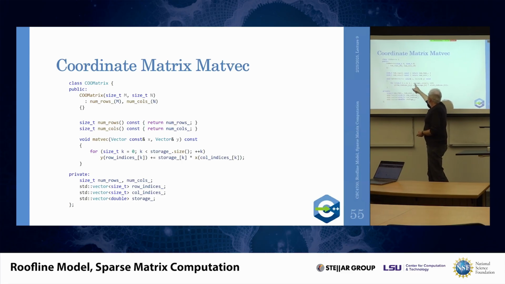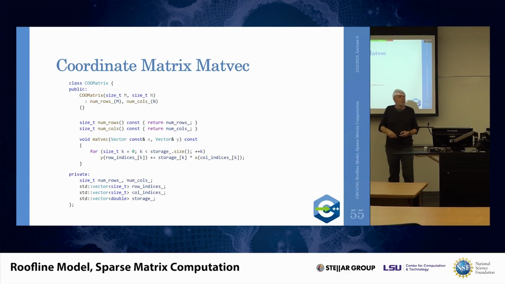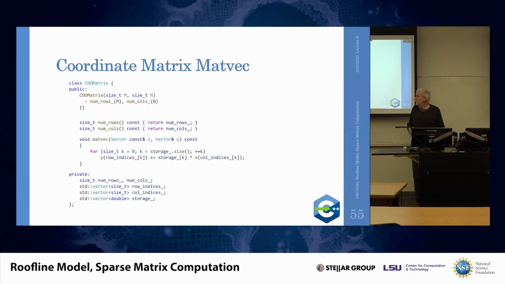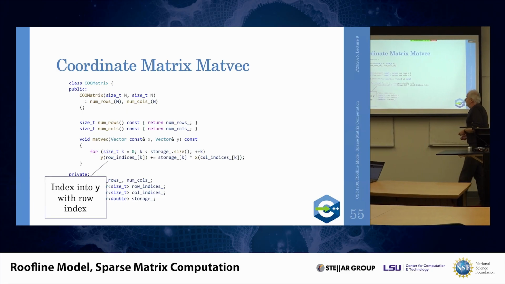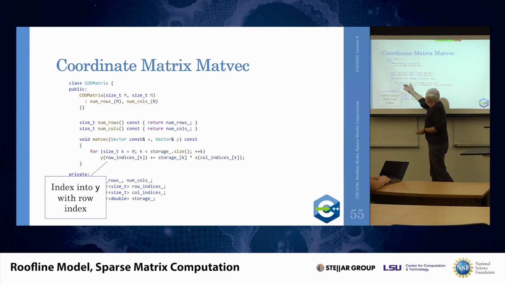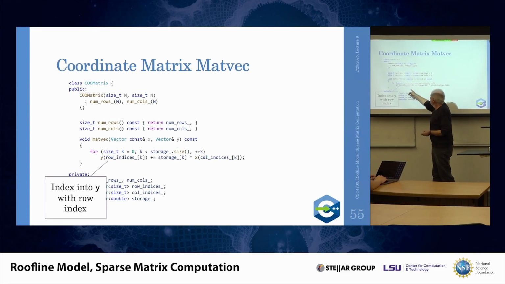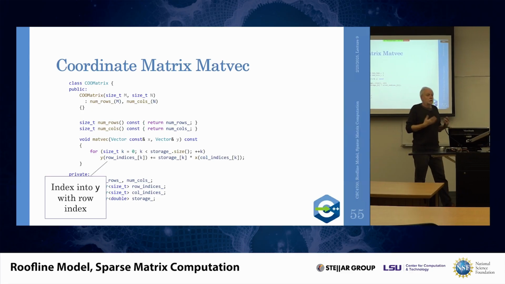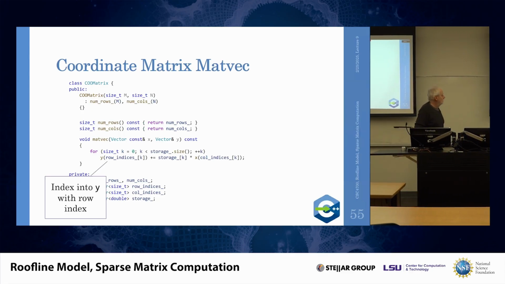We go over all elements in our storage, because those are the elements that are non-zero. That's where we want to do the multiplication, and assign it to y, using the row index from the current element k as the index into y.